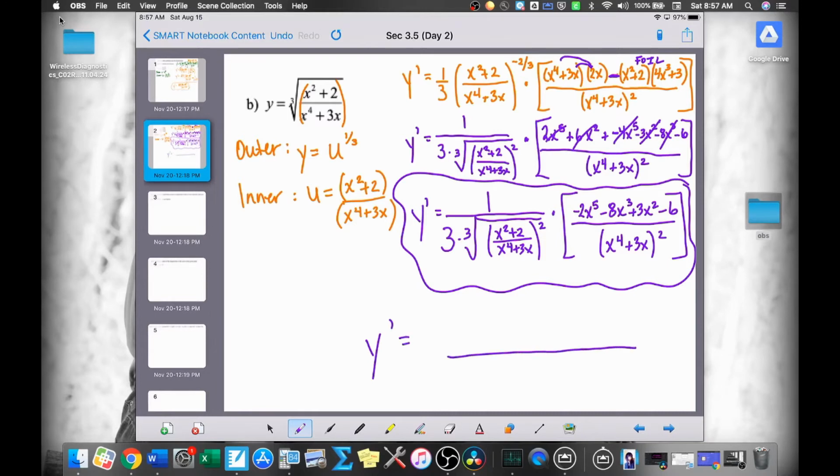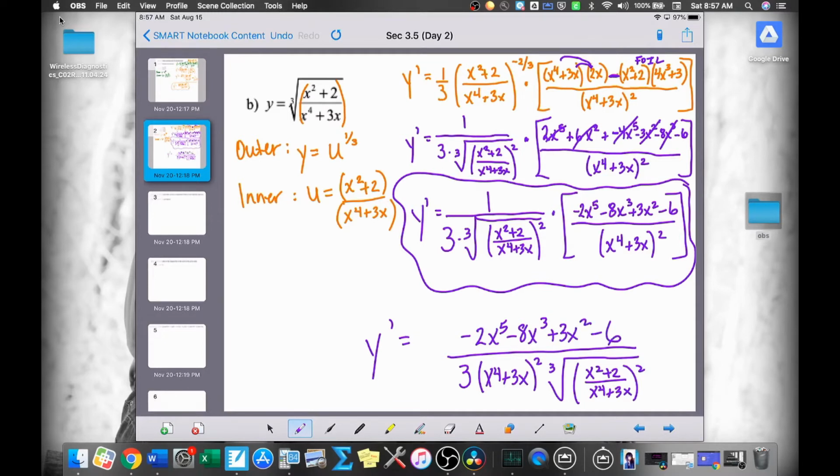I don't know if it looks any nicer, but you could put your 3, you could put your x to the 4th plus 3x quantity squared, and then your cube root of your quotient, x squared plus 2 over x to the 4th plus 3x quantity squared. You could put that all together on the bottom, and then your numerator would just be negative 2x to the 5th minus 8x cubed plus 3x squared minus 6. You could combine into one fraction, but really you have the exact same answer there. So to me, it doesn't really matter. They're both as simplified as they can be.